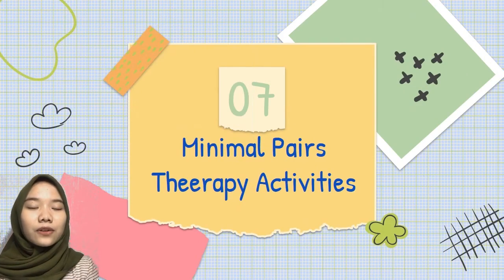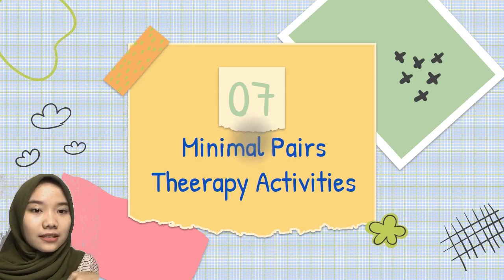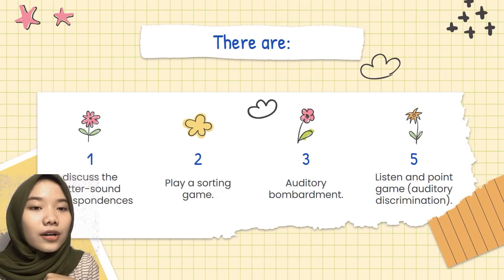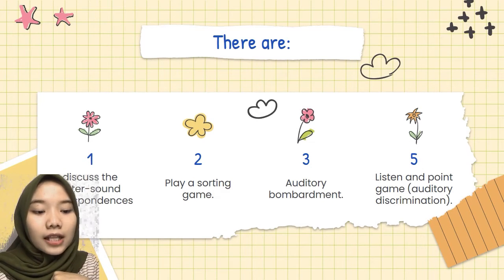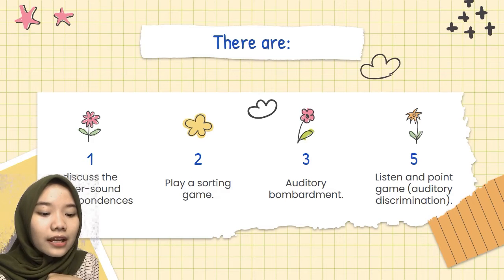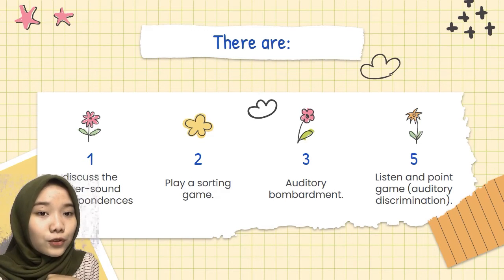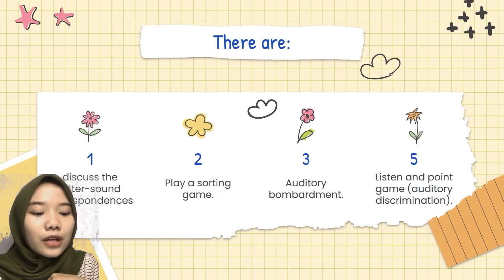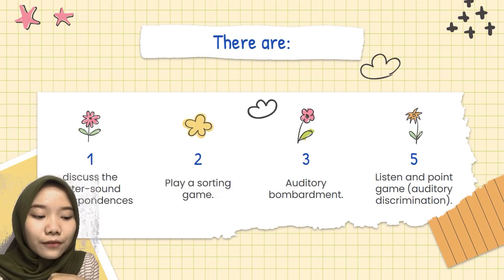Okay, the next material is minimal pairs therapy activities. One, if the child is reading or has good phonological awareness skills, discuss the letter sound correspondences of the targeted contrasting phoneme first. Two, play a sorting game. In this activity, you will have to cut the pairs in half.